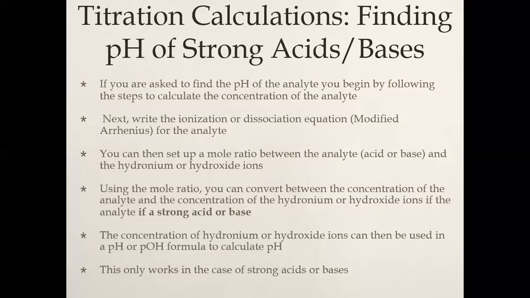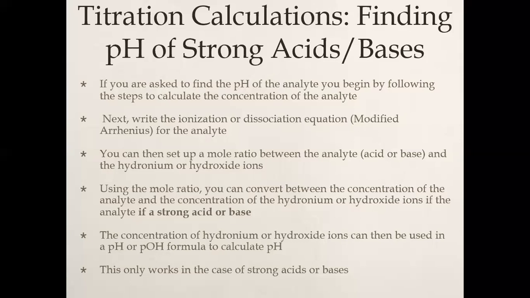Okay, next step, we're going to use that solution stoichiometry type stuff to figure out the pH of strong acids and bases. So usually the next step after finding the concentration of your analyte would be to find the pH of your analyte. In order to do that, you of course need to write either the ionization reaction if it's an acid or the dissociation reaction if it's a base.